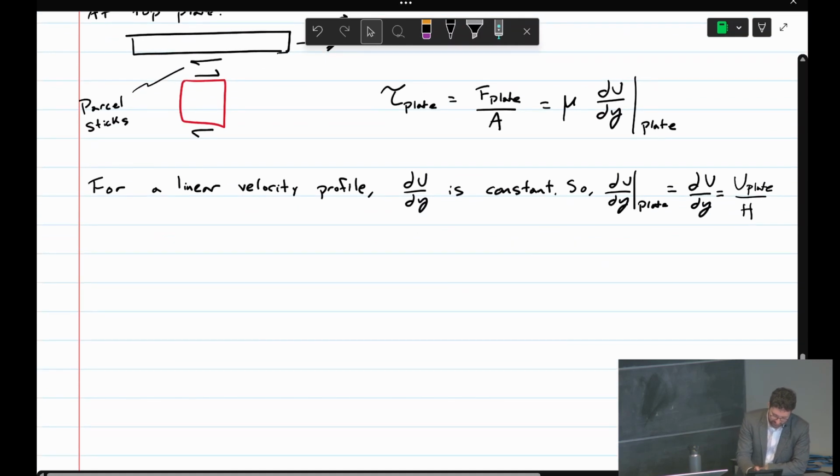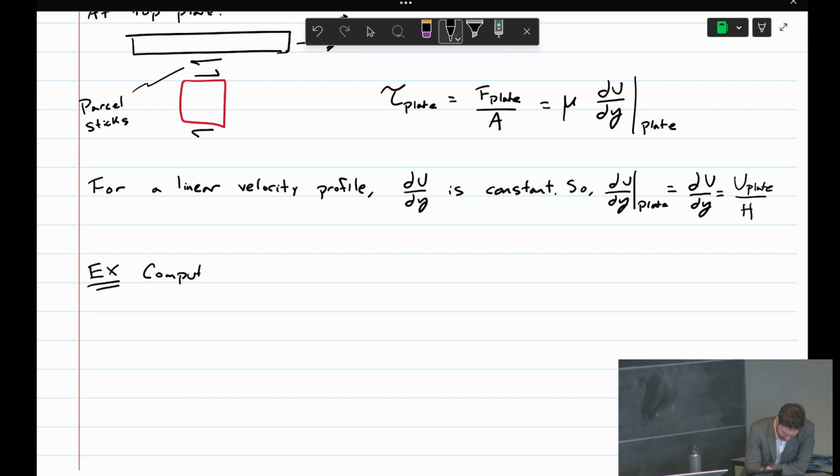So I will do an example here. In this example, we're going to compute the shear stress for Couette flow of water.